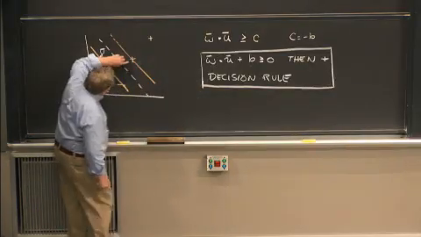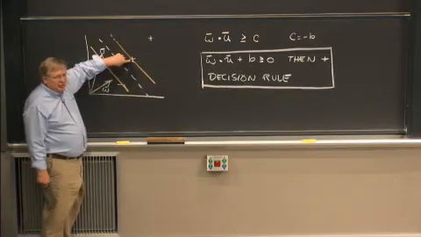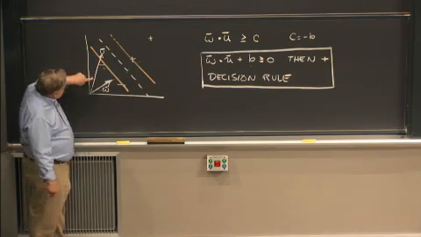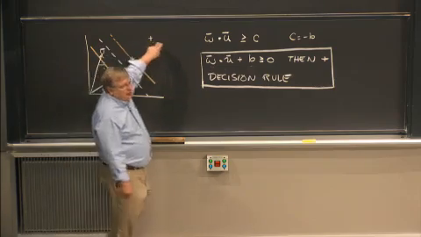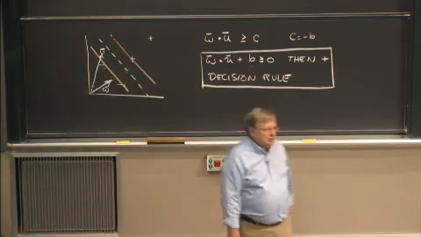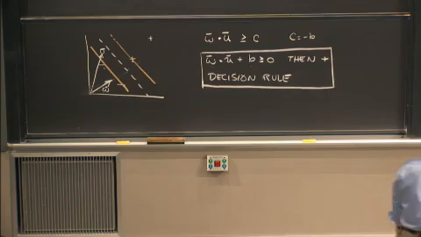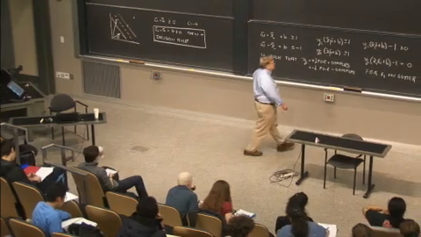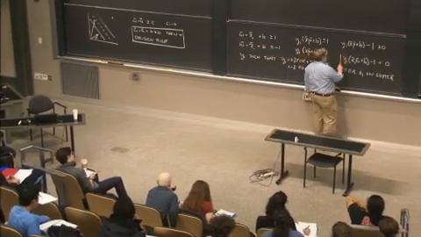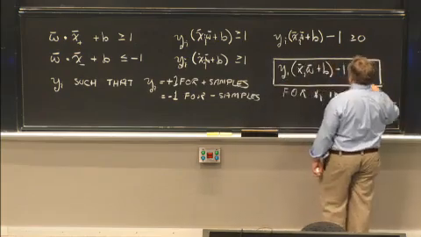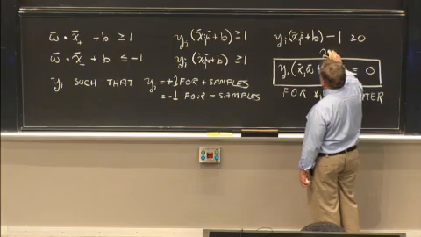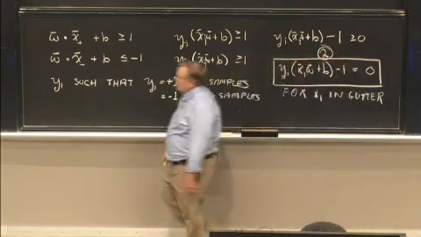So the value of that expression is going to be exactly 0 for this sample and this sample, not 0 for that sample. It's going to be greater than 1. All right? So that's step number 2, and this is step number 1.